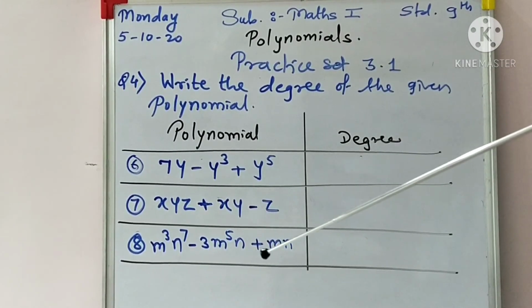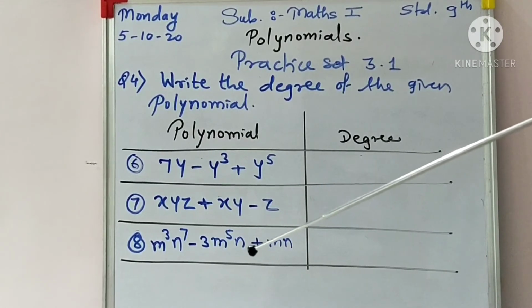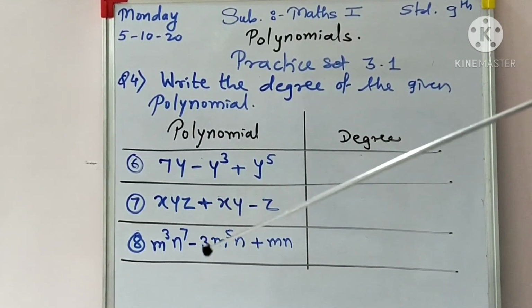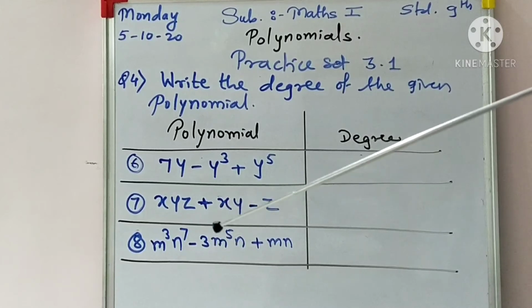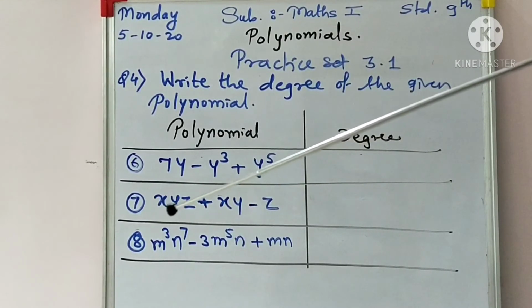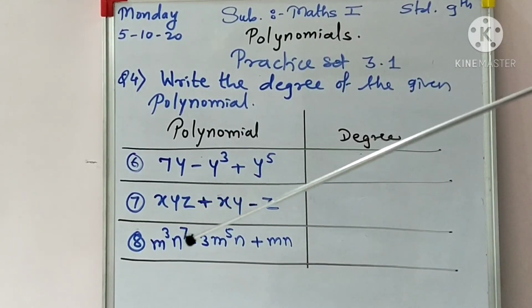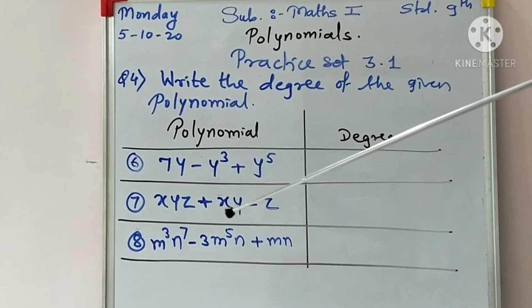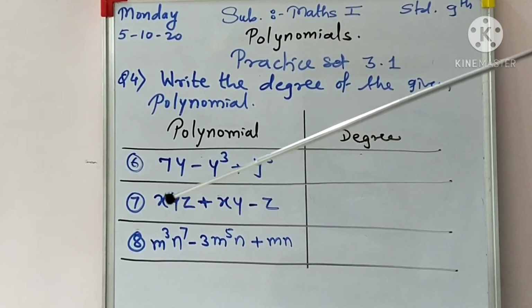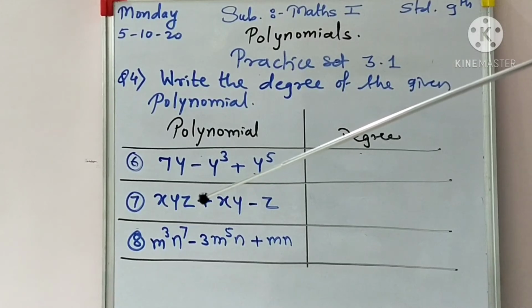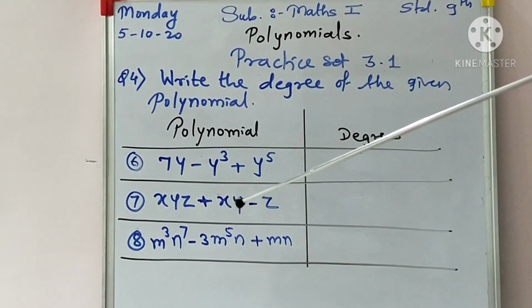For 7 and 8, what we notice here, students, is that two polynomials have two variables, and in the 7th one there are 3 variables. So how do we find out its degree? Yes, the highest sum of the powers of the variables is the degree.